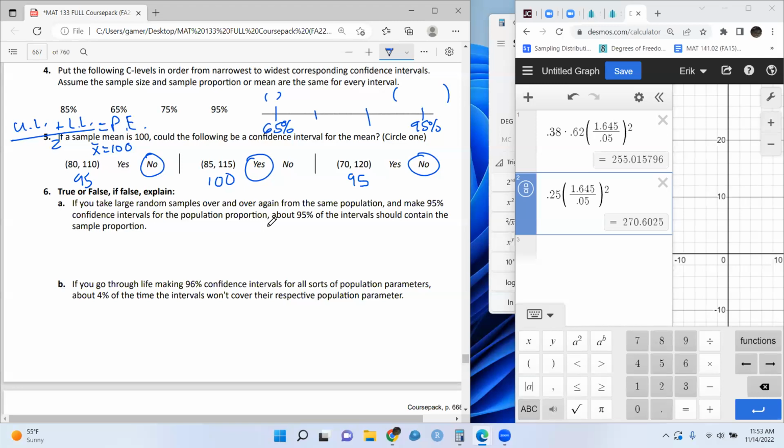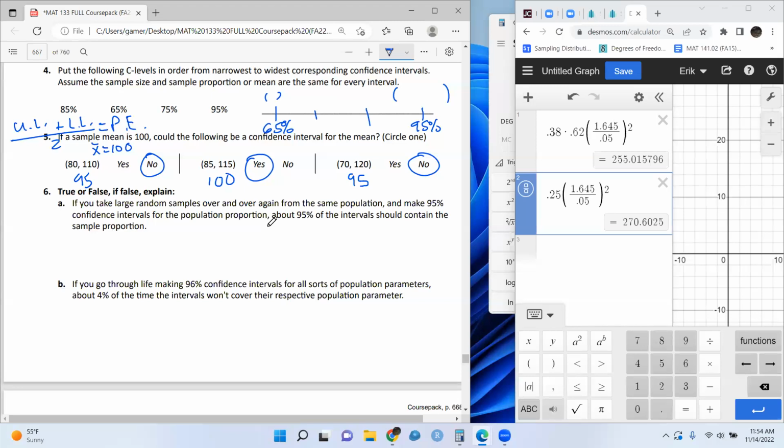I'm just confused by the part where it says over and over again. I feel like that's what kind of makes this not. I said false because I just didn't feel like if you do take samples over and over again.